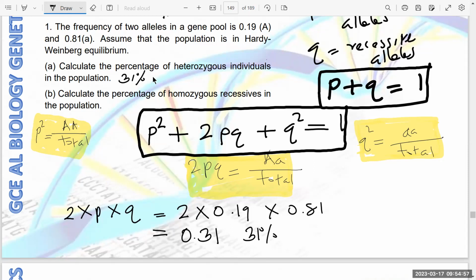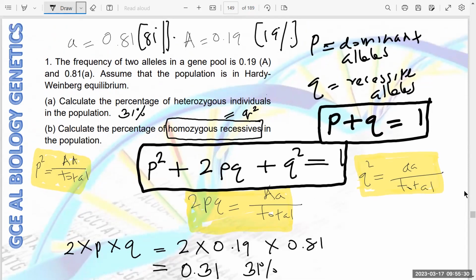Okay, next, calculate the percentage of homozygous recessive in the population. Now, this homozygous recessive is equal to q squared. Now, what is q? Q is 0.81.